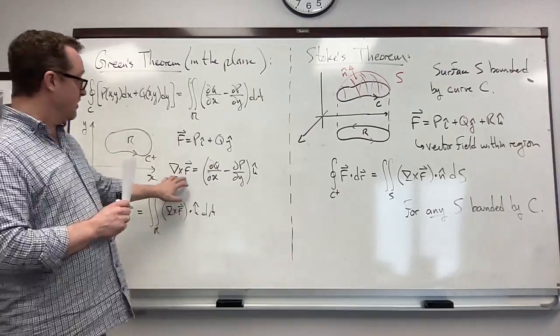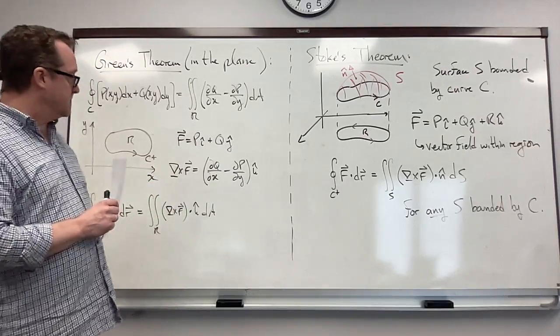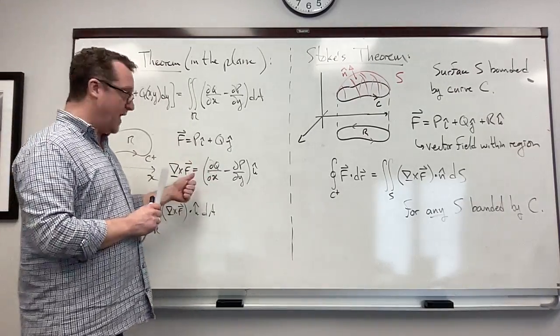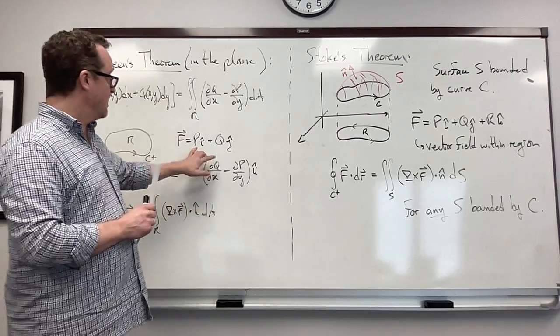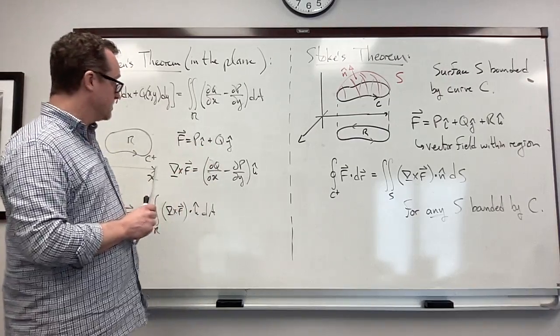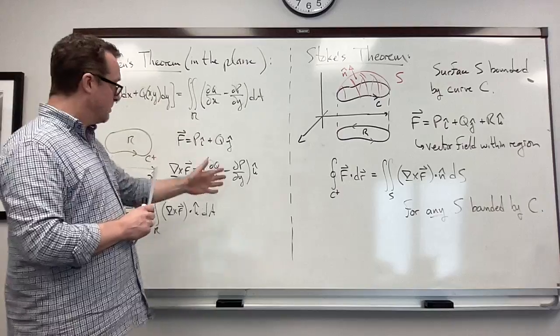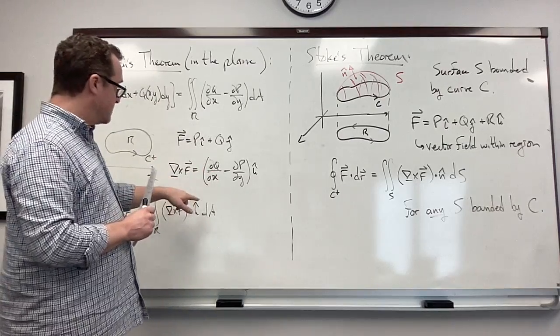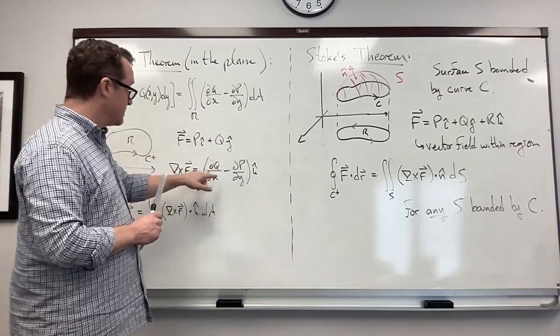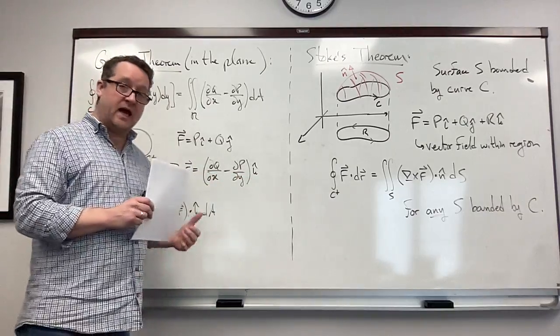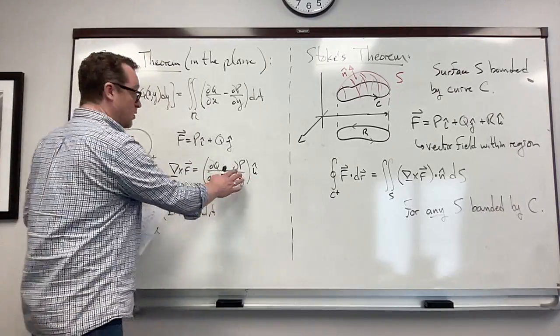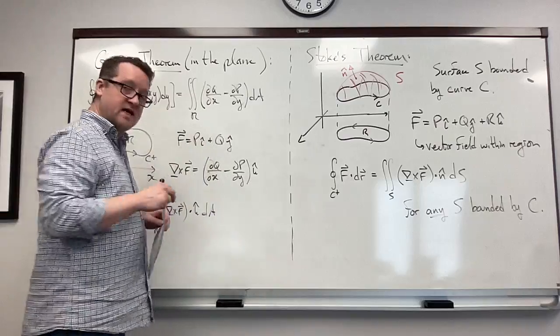If you take the curl of F, there's a 0 x component of the curl and a 0 y component of the curl because F has only x and y components. So if you write the whole determinant out, you find the curl of F is just the partial of Q with respect to x minus partial P with respect to y times the k unit vector. So the curl of F has only a z component.